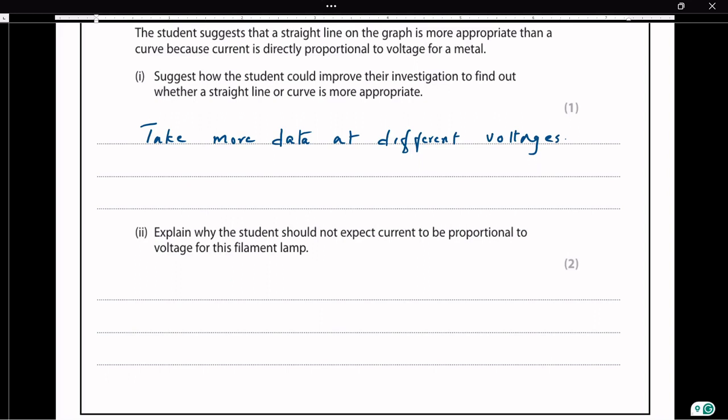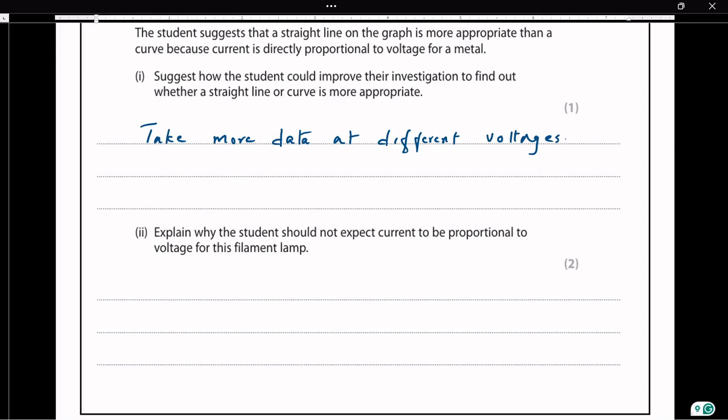As current passes through the filament, there is a wire. That wire gets heated, the temperature increases. So the resistance of the wire increases. Therefore, the current decreases for the same voltage. Therefore, you cannot expect a straight line graph.